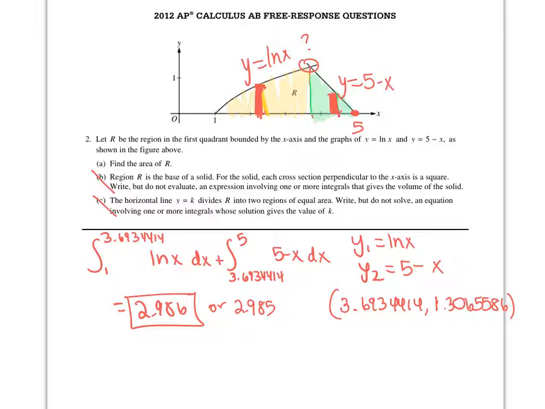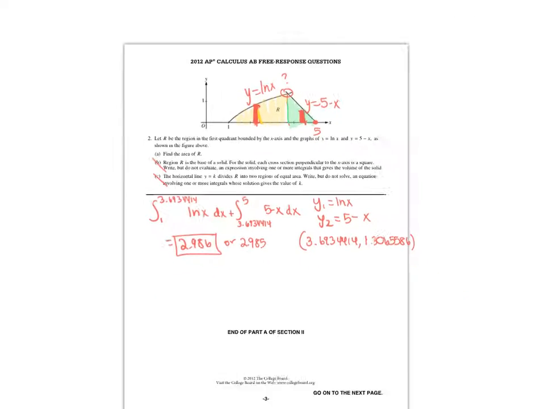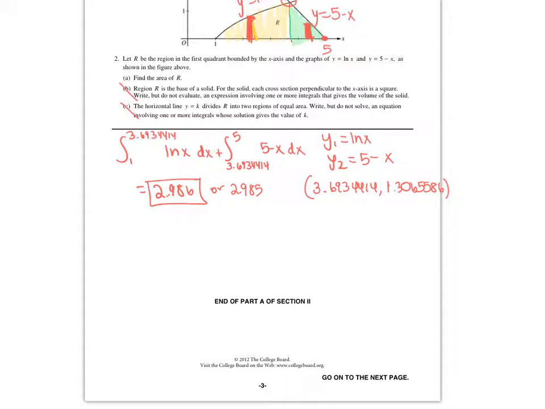This one's actually easier if you do it in the y direction. So I'll redraw it here so you can see it. I'll do it in blue. The reason why it's easier is because if you look at your rectangle, no matter where you put it, up and down, the left side is always touching the natural log function.